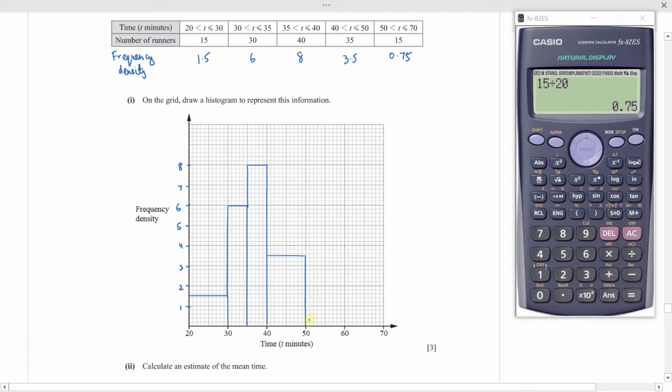So this is 0.2, 0.4, 0.6, 0.75 will be in the middle here somewhere. So this is just below the 0.8 line. So this will be your histogram.